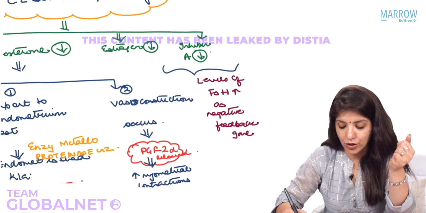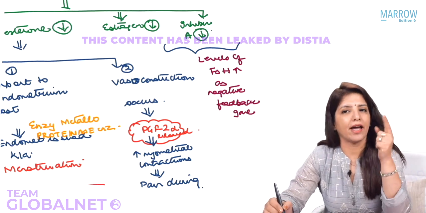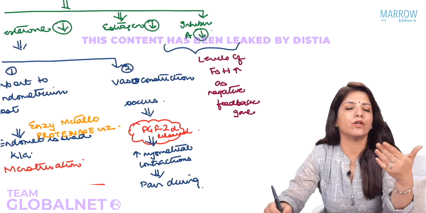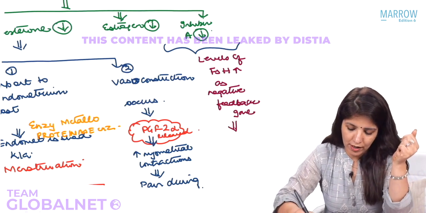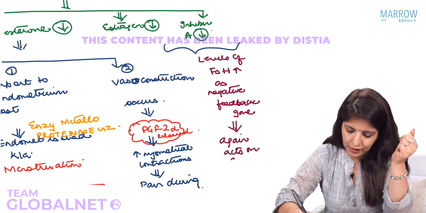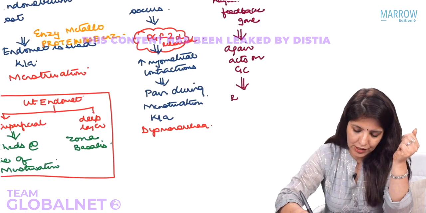Right? Now what is going to happen? Now again the entire cycle will start. FSH will again act on the granulosa cells, and from the granulosa cells it will again release estrogen.